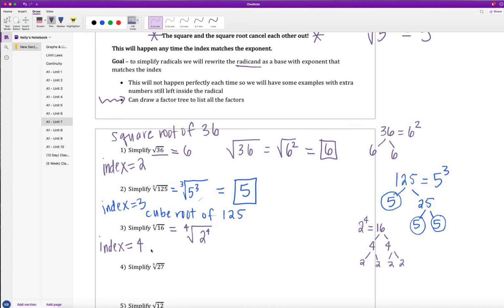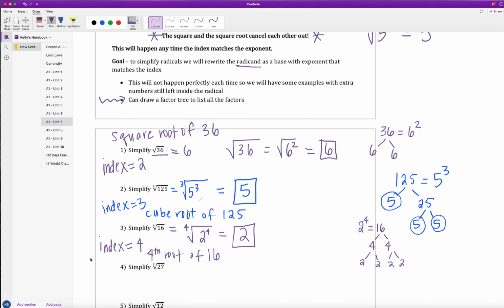So because our index is 4, we would call this the 4th root of 16 in this case. And we're replacing 16 with 2 to the 4th based off of our factor tree. Then the 4th root and the 4th exponent can cancel each other out, and we end up with 2.